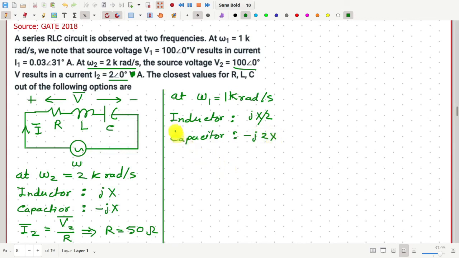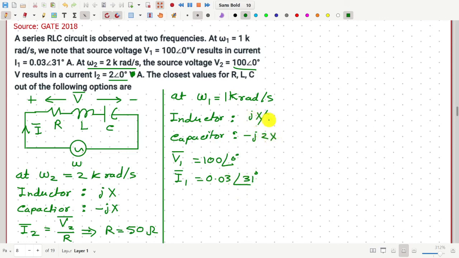Okay, then now the value of the voltage is 100 angle 0 degree and the current is 0.03 angle 31 degree. The current is leading because the capacitor impedance is larger in magnitude than that of the inductor.